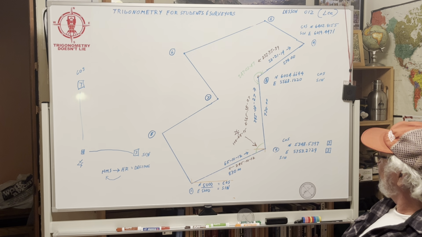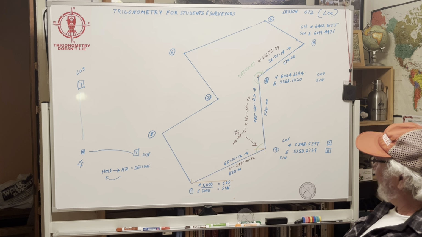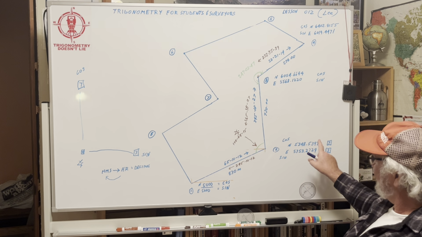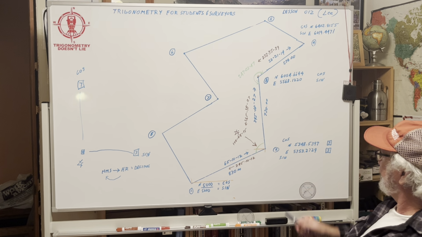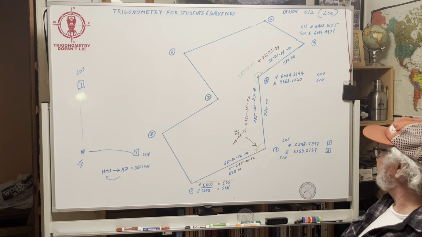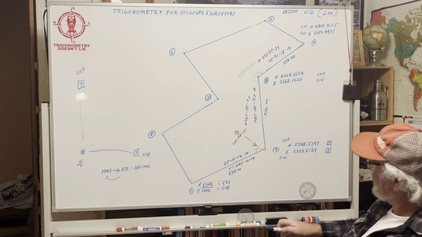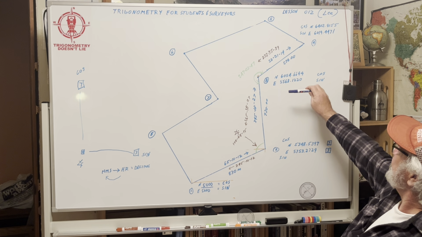So that's what assumed coordinates are, and then we're just adding. We use our foresight azimuth, take the cosine of that times the horizontal distance, and get the north and add it to the northing. We take the sine of that times the distance and add it to the easting. That gives us some new coordinates, and we keep doing that.